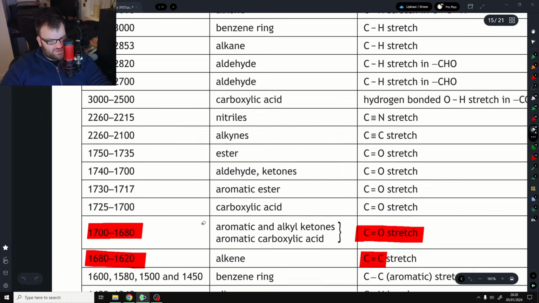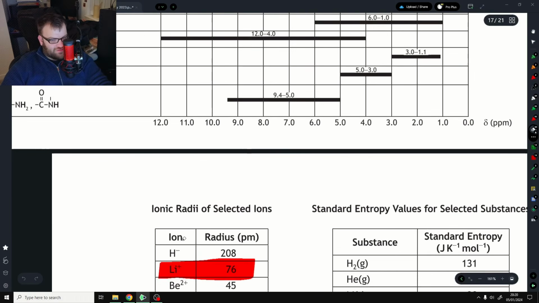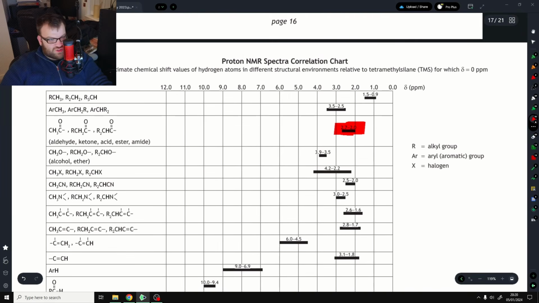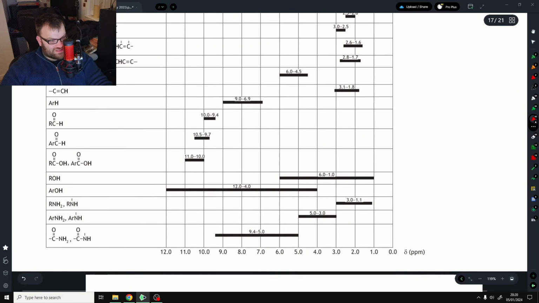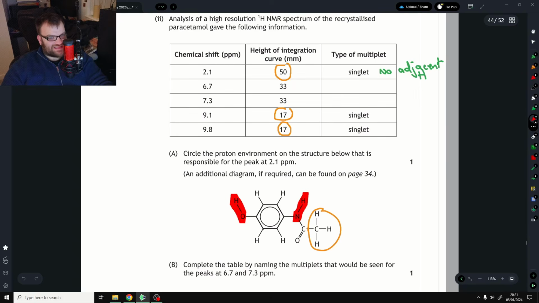Another approach you can use to determine that would be looking at the table in here. 2.2 fits in nicely with aldehydes, esters, amides, etc., whereas the OH and the NH would work out nicely with the values that are a bit larger. The shift also just fits nicely with some sort of CH3 group present in there.